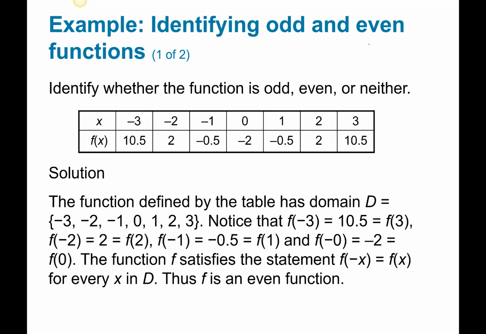Hey, if you have a table, one last little blurb here. We'll call it quits with this. If you have a table, how can you tell if this is even or odd? Look at negative 3 and positive 3. Do the values come out the same or the negative of one another? They come out the same, don't they? Look at negative 2, positive 2.